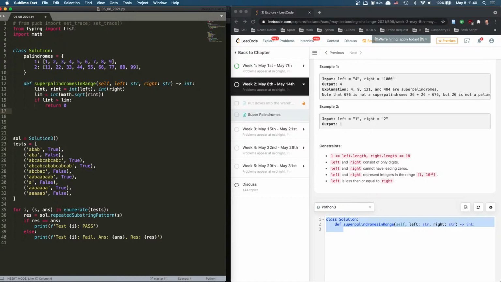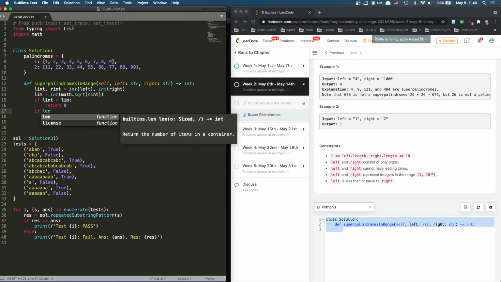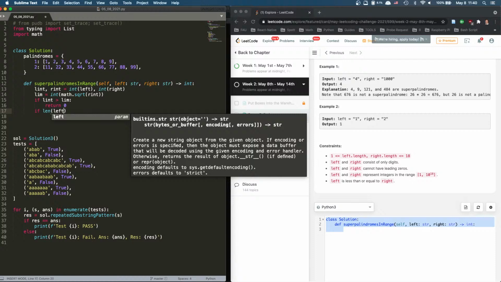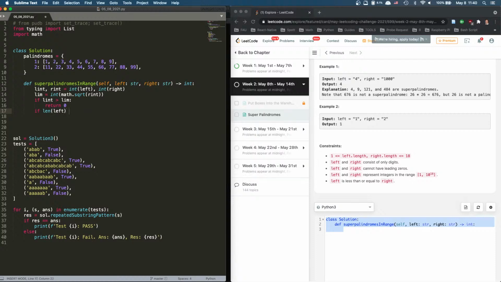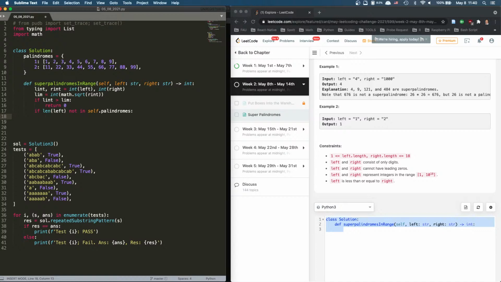Oh, this is getting a bit exciting. We have the number, right? And then we say if that is already in palindrome, right? If it's not in palindrome, so we say if len left is not in self.palindrome, then we have to go from 3, right, all the way to num of digit.